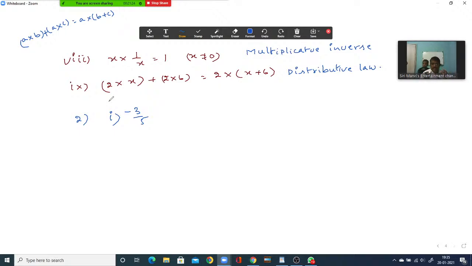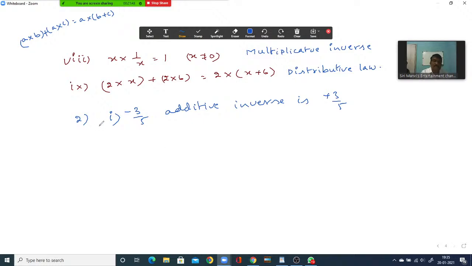We have to interchange the sign only. Minus 3 by 5 plus 3 by 5. So the additive inverse is plus 3 by 5.